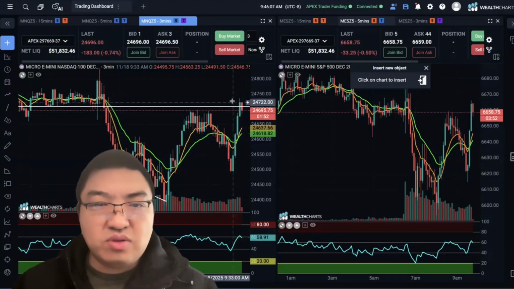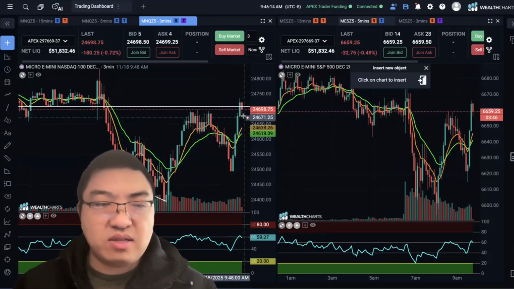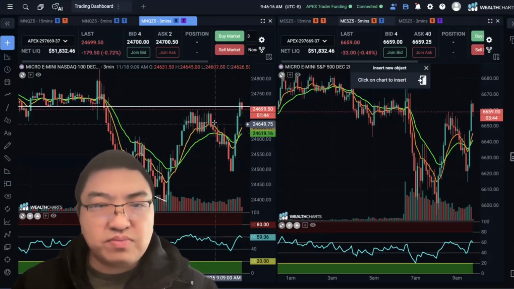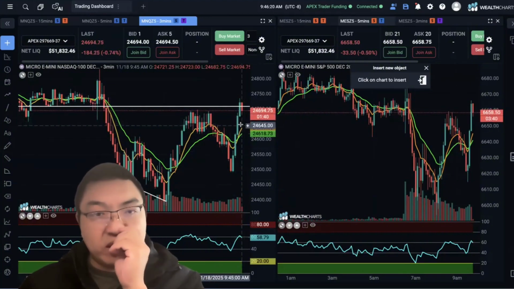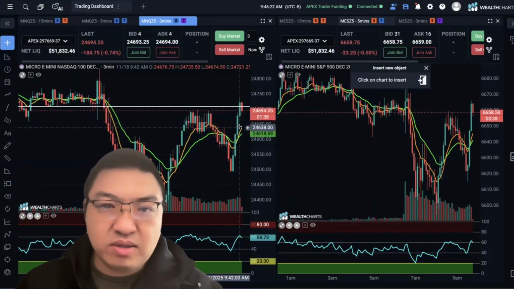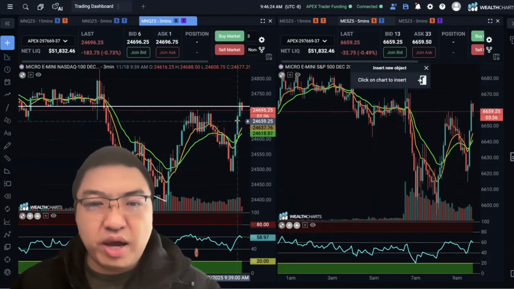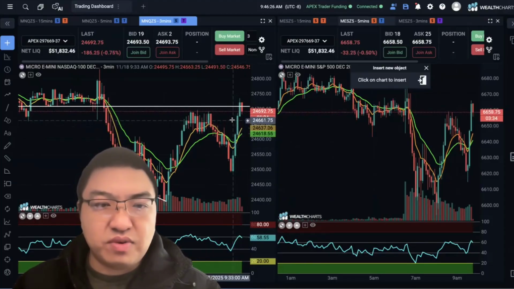In this zone it does not conclude too much. We need to see it close above this line, or we want to see how it reacts to the EMA 9 or 21. It's very difficult to trade reverse.